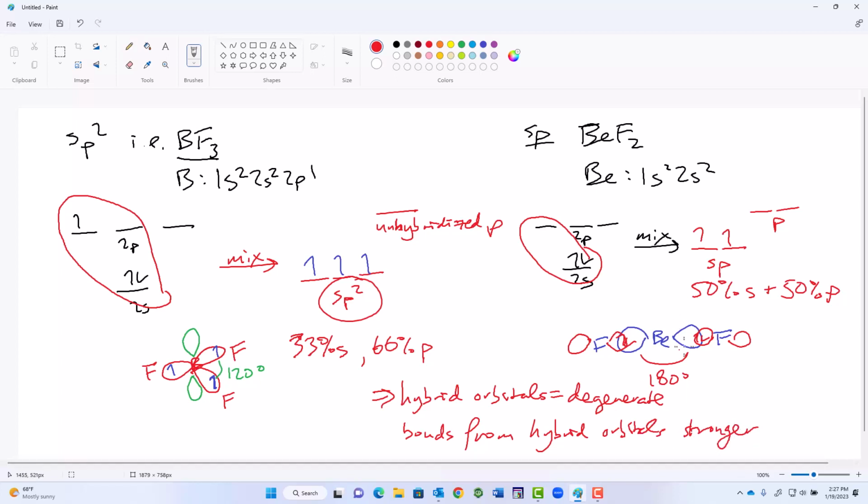So a bond formed from an sp orbital is going to be stronger than a bond formed from a strictly s or strictly p orbital. And that describes hybridization overall. This is why carbon structures form such strong networks, because we're sp3 hybridized across, and those are very, very strong bonds being formed.